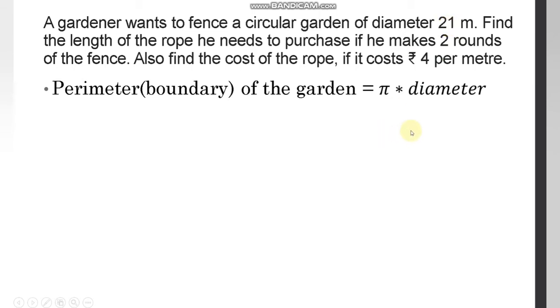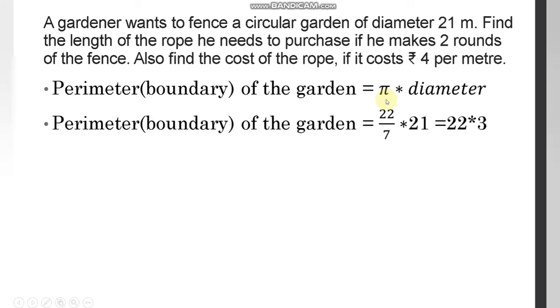Fence is actually the boundary, and the boundary of a circle is pi into diameter. Diameter is given 21 and in place of pi I will take 22 upon 7.